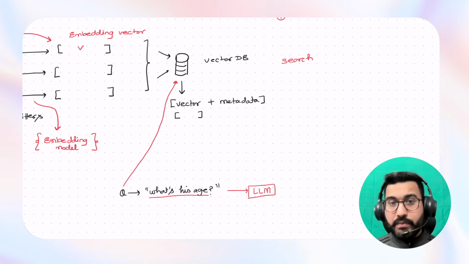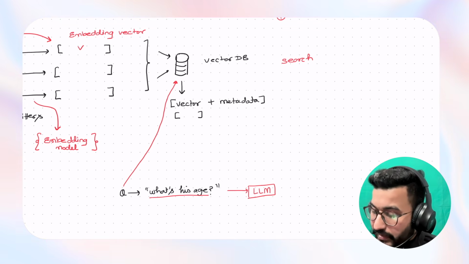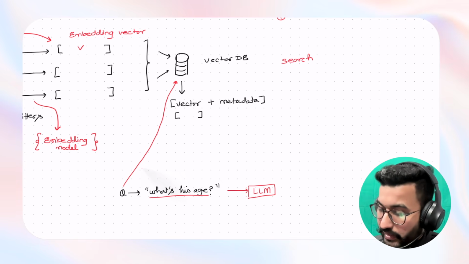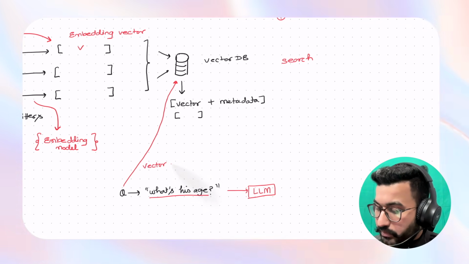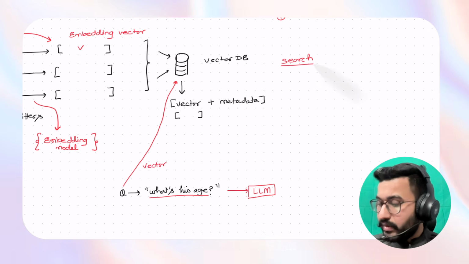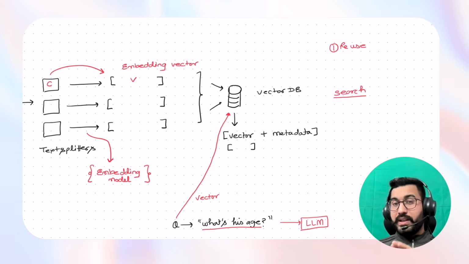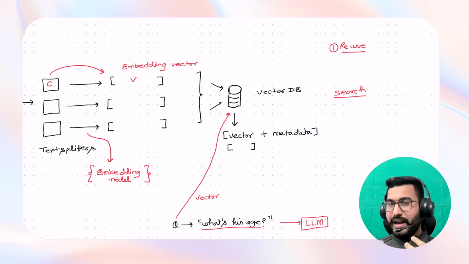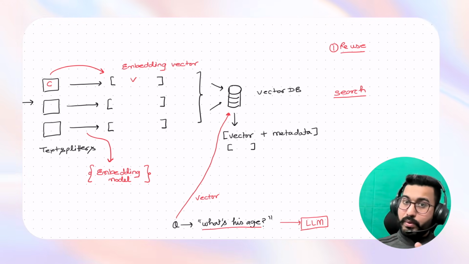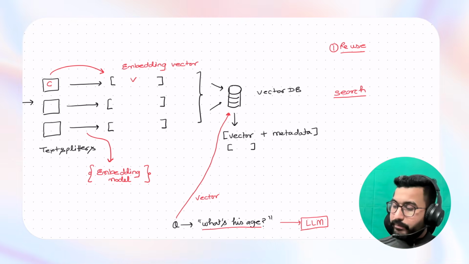So internally what it will do, it will basically take this question, convert it into a vector, and perform the similarity search. So this is going to happen internally, and a vector database comes with this kind of power that it can do this operation also. So the first reason why I need a vector database is to enhance reusability. Second, a vector database can also provide you with the flexibility to search.